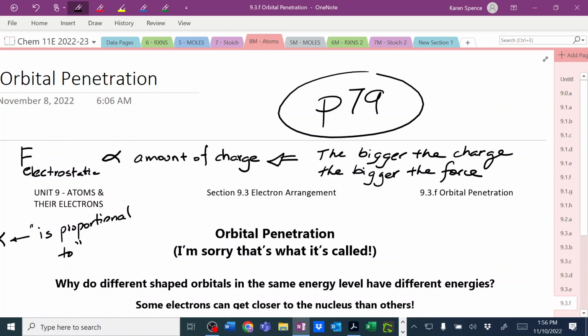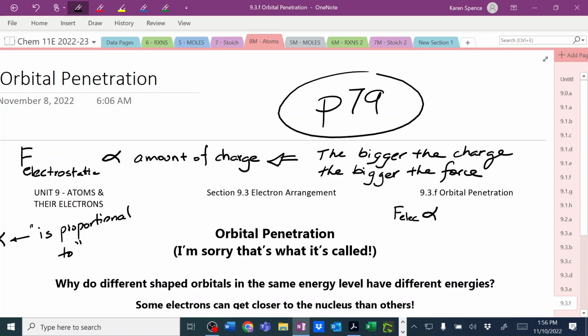All right. It is also true that the electrostatic force, which I'm just going to call F elec this time, is inversely proportional to, anyone know? So the force is going to get smaller when what gets bigger?